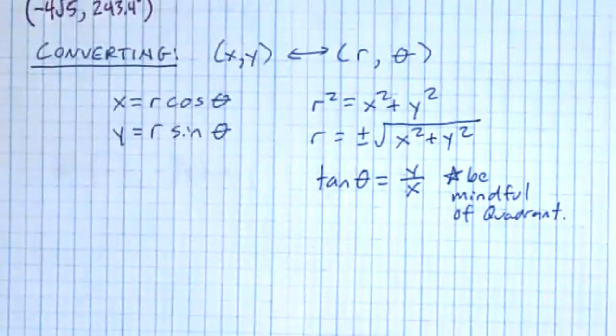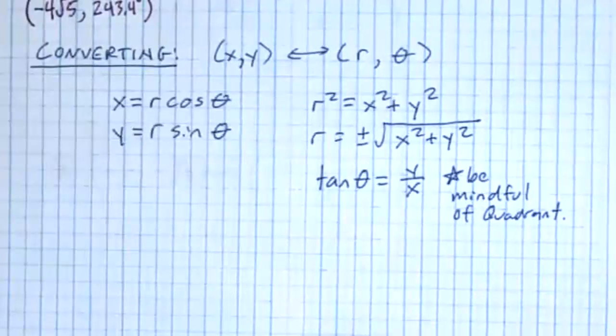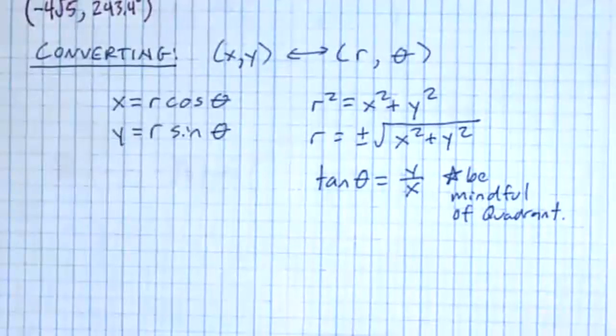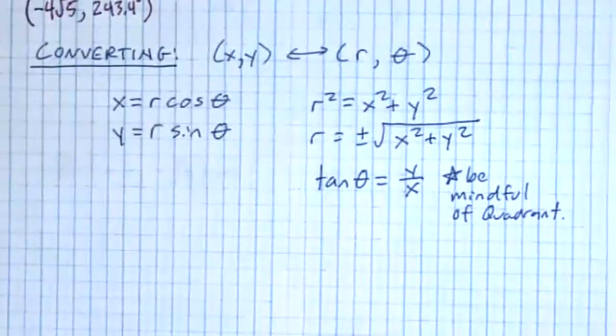And then we got tan theta equals y over x. The big hint that I have for you is when you're talking about theta, make sure you're really careful about what quadrant you're in.